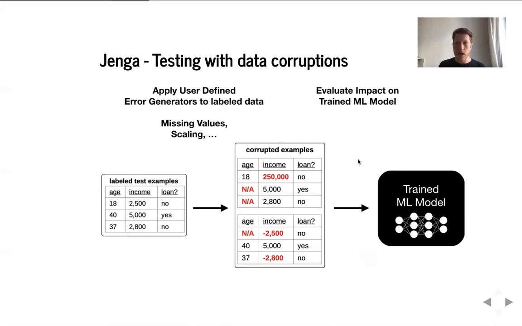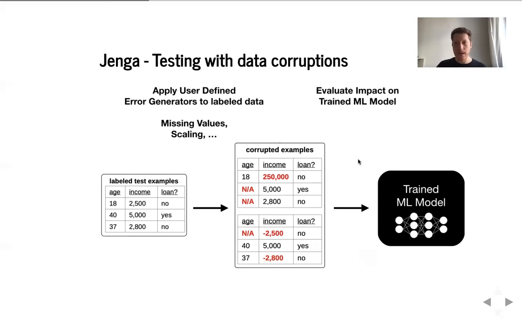Those examples, though, are applied at training time or before training time, and they are used to make your model stronger, more resilient, and invariant with respect to certain types of errors. Here, in contrast, in Jenga, we assume that your model is already trained and we don't have access to the model.